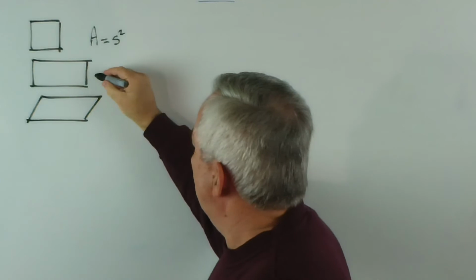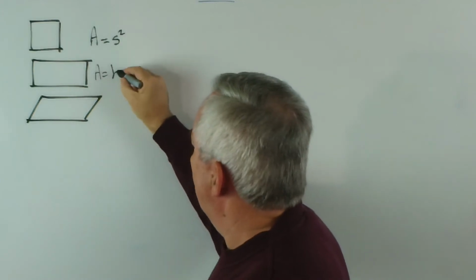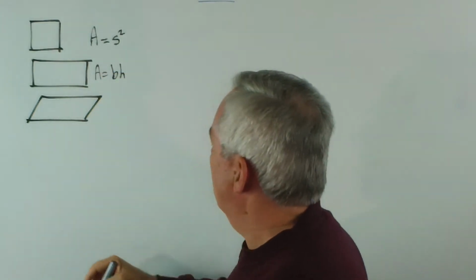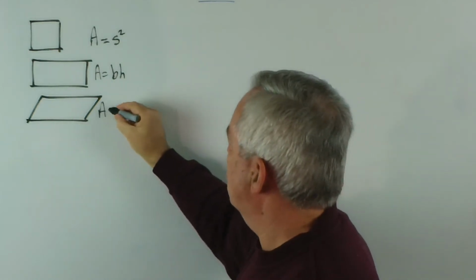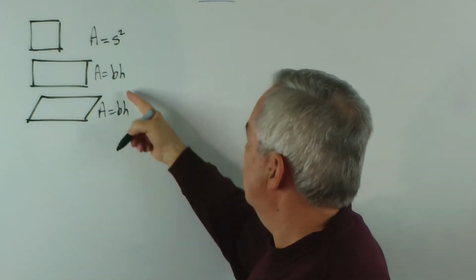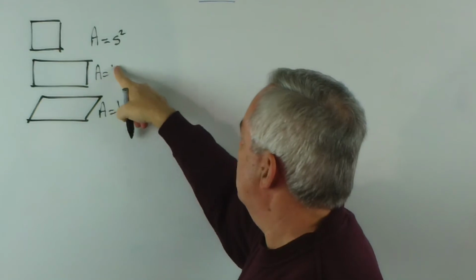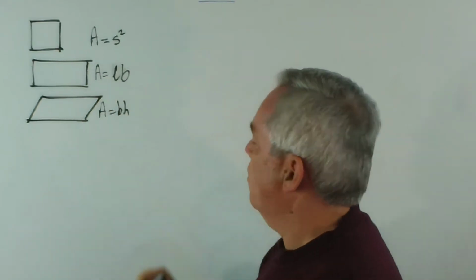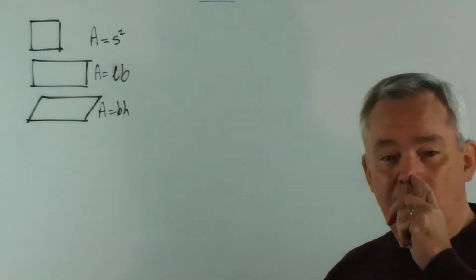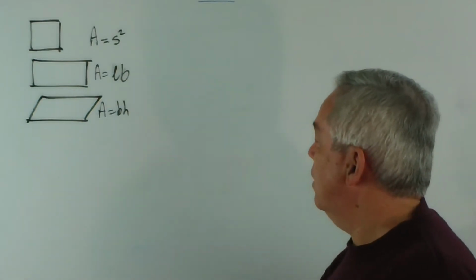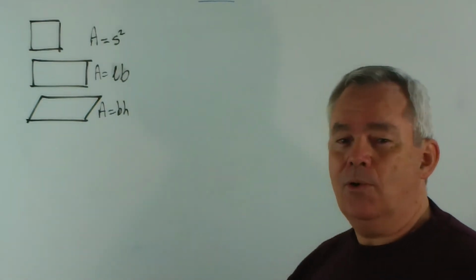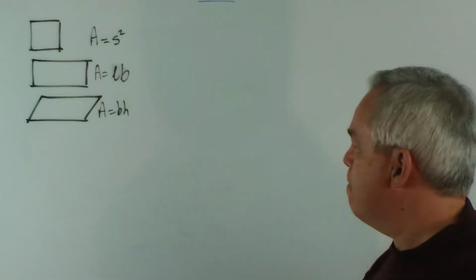This one in a lot of textbooks is base times height. And this one in a lot of textbooks is also base times height. I've seen some textbooks that have replaced this one with length times breadth, so they've managed with three simple and essentially identical problems to create three separate formulae.